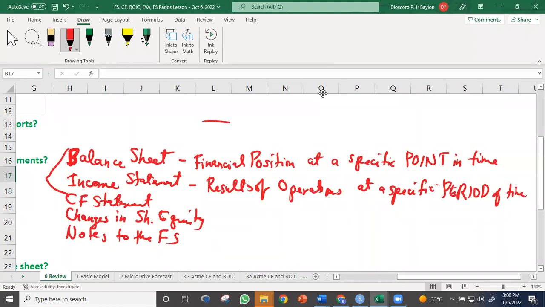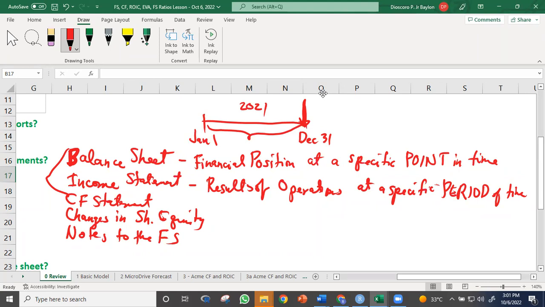Okay, so the difference between the balance sheet and the income statement, suppose this is 2021. Okay, so this is January 1, and then this is December 31. The balance sheet reports the financial position at a specific date, for example, December 31, while the income statement presents the results of operations for a particular period, for example, the whole of 2021.